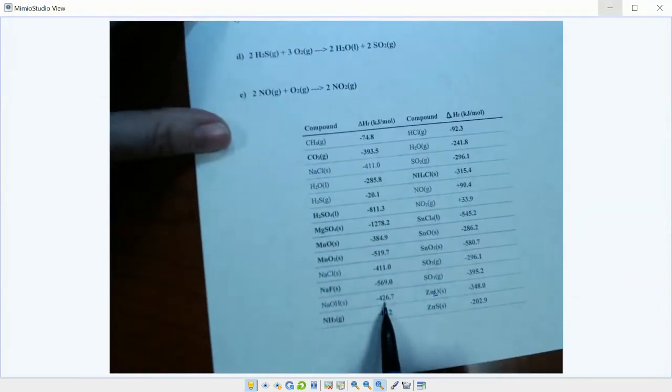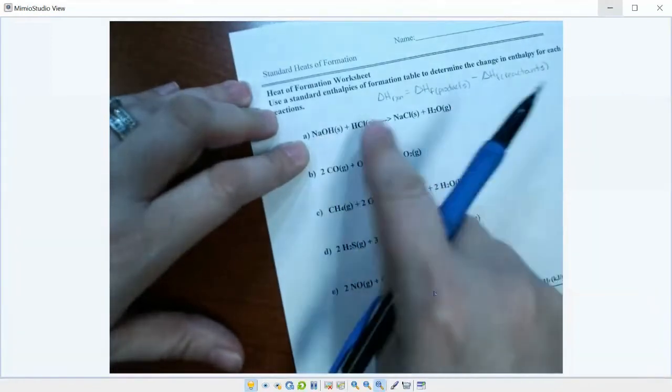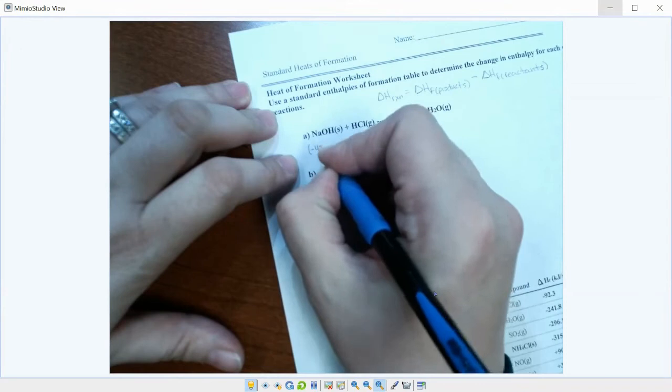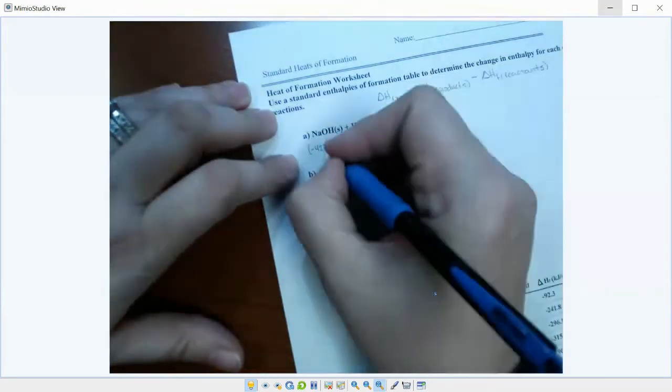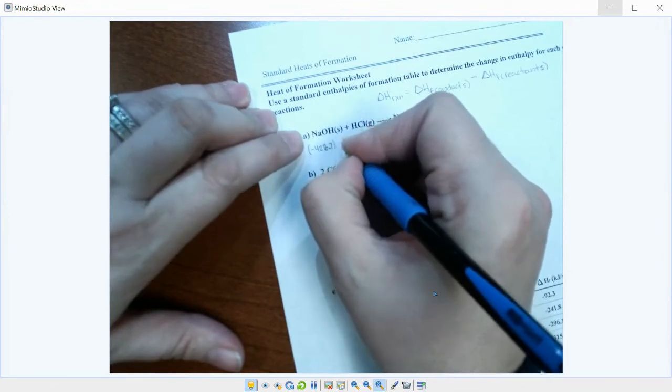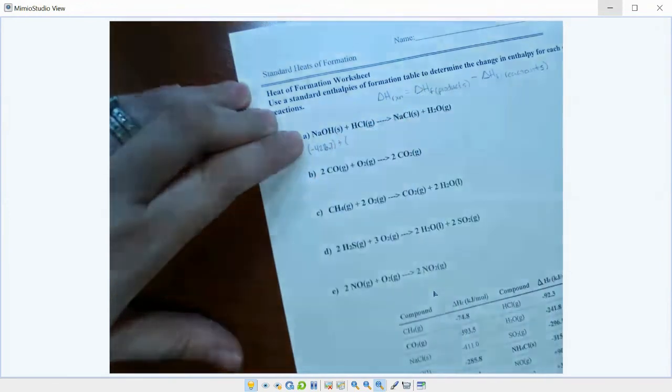So we find NaOH down here as a solid. It has a negative 426.7 kilojoules per mole. And this particular equation is balanced with all ones. So negative 426.7 times 1. And we're going to add that to HCl as a gas.